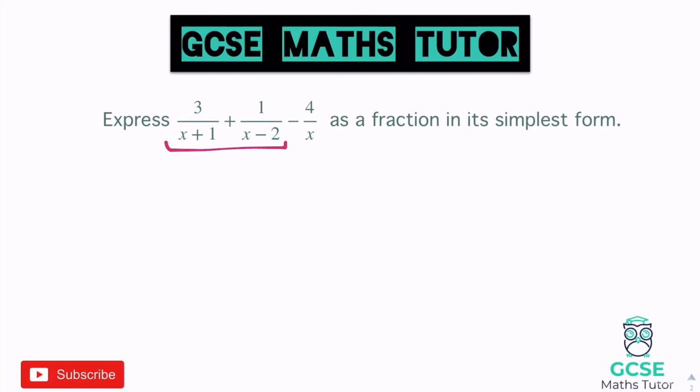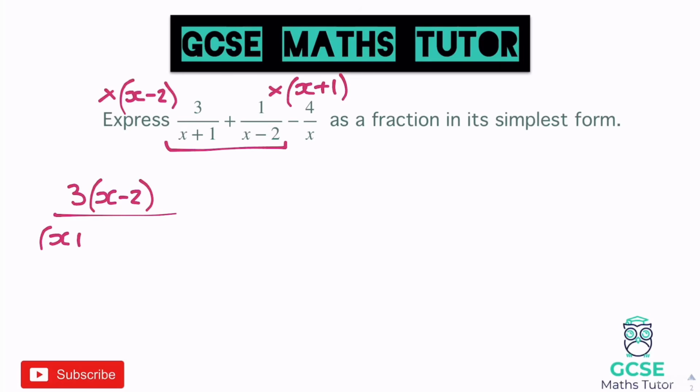So I'm going to times the left one by the x minus 2, that right denominator there. I'm going to put this in a bracket as well. So times it by x minus 2, that's top and bottom, and the right one here, I'm going to times that by the x plus 1. There we go. Right, so on the top of that fraction there, we're going to have 3 lots of x minus 2, and that's all going to be over x plus 1, x minus 2.